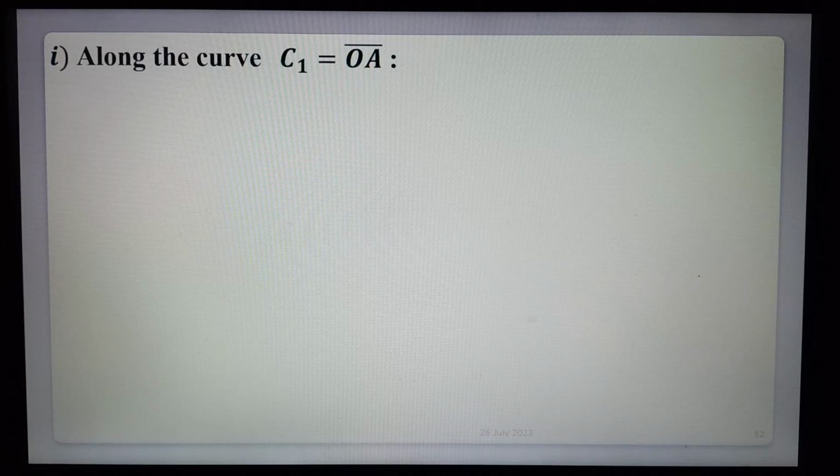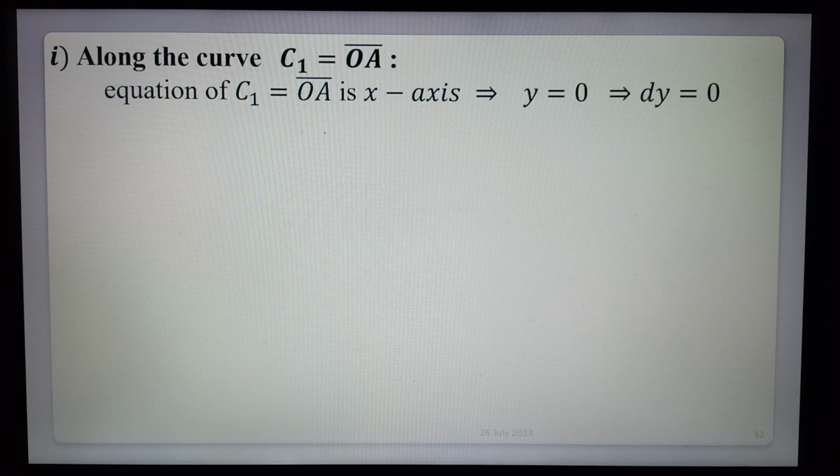First, along the curve C1, OA: what is the OA line equation? The equation of C1 is the x-axis. The x-axis means y is equal to 0, so y is eliminated and dy is equal to 0. Now choosing x limits along the C1 curve: from (0,0) to (1,0), so the x limits are 0 to 1.